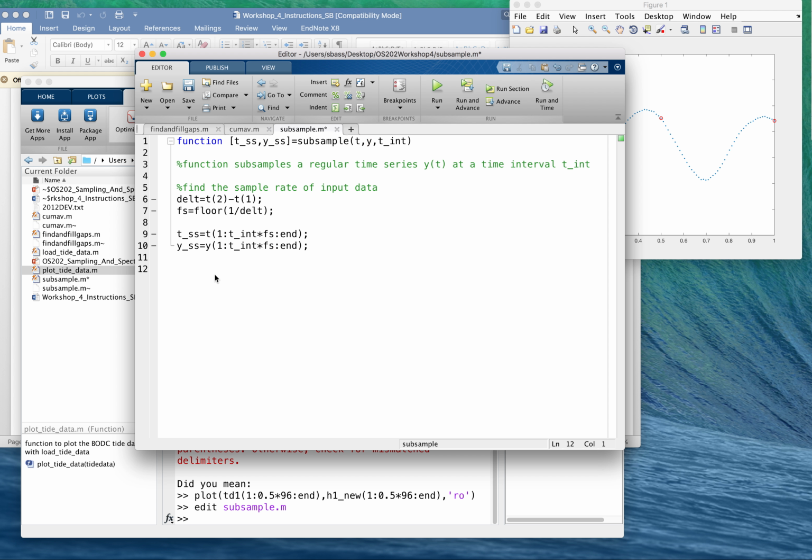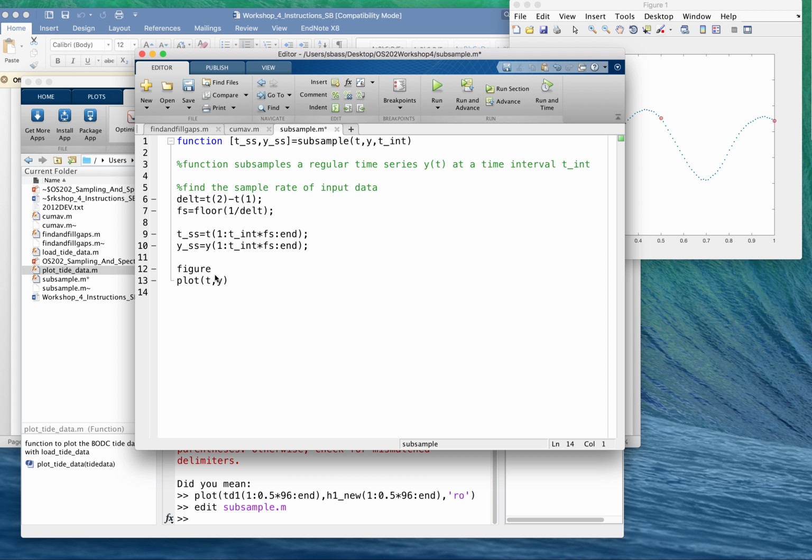Okay, and then we can plot that. So let's generate a figure, plot t comma y. What we want to do is try and generate a figure that demonstrates what happens if you were to join up all these subsampled times.